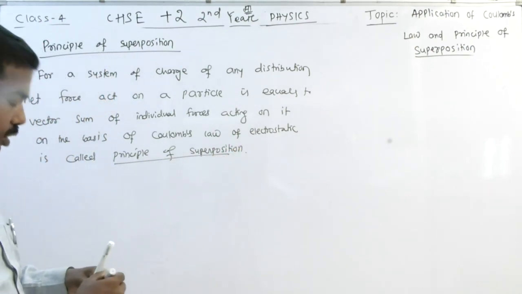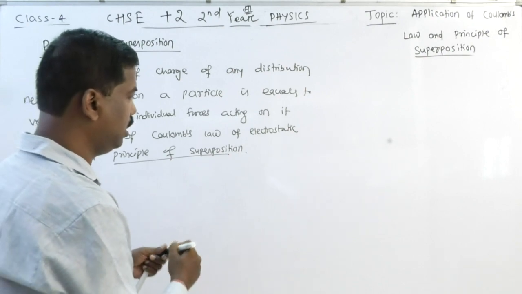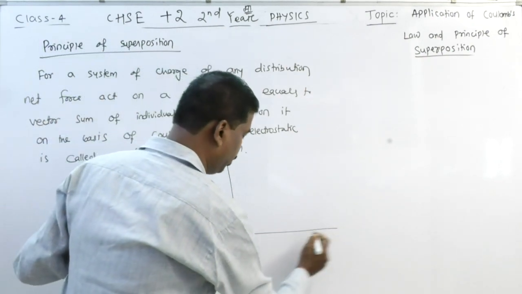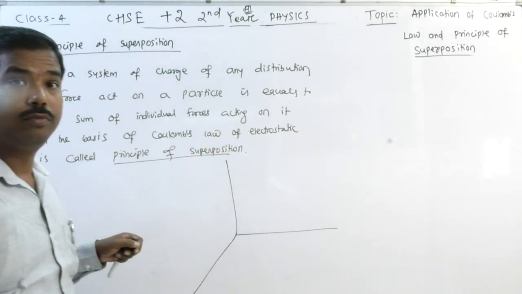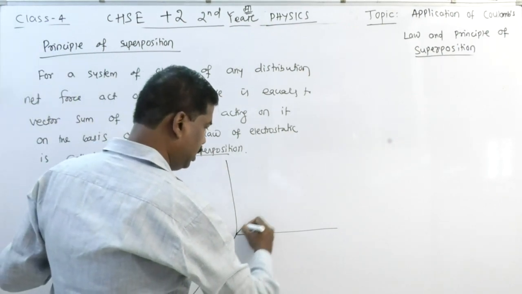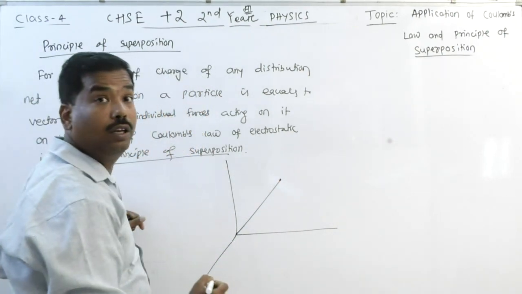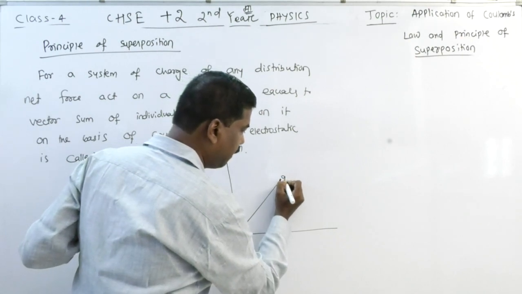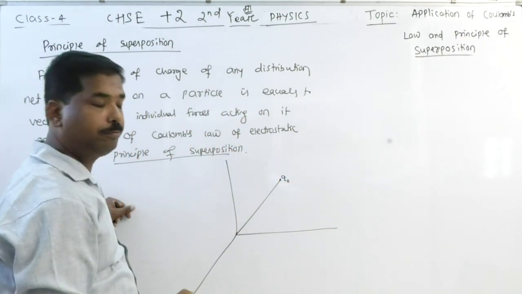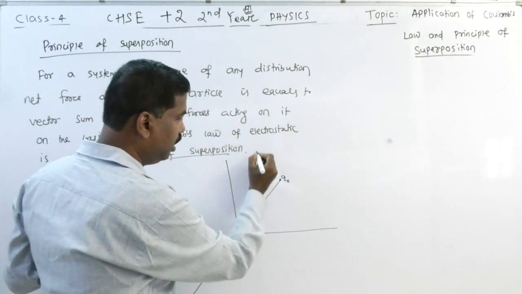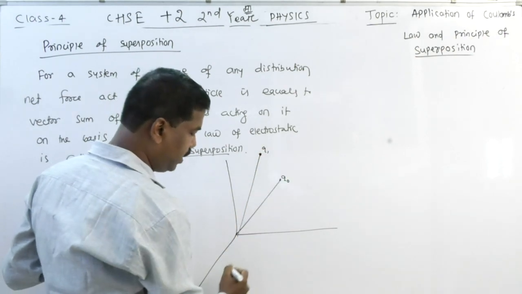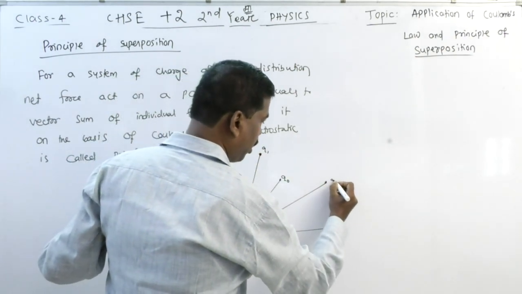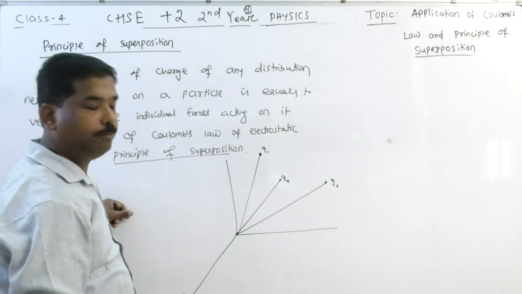Listen to me. Let us consider a coordinate system. This is the Q0 particle, this is the Q1 particle, and this is the Q2 particle.